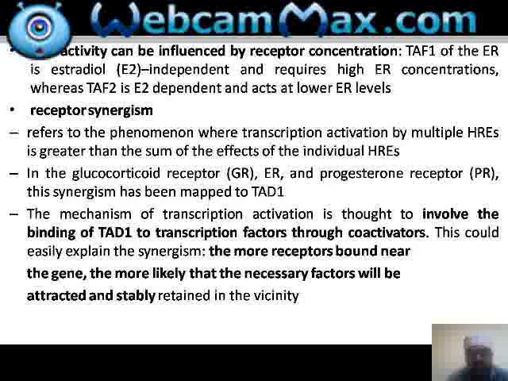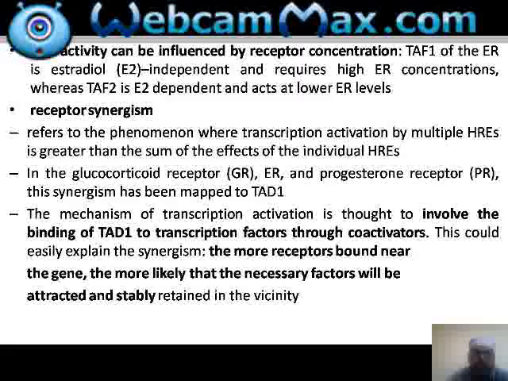That means if we have multiple HREs, and more than one HRE gets activated at a time, then the transcription factor is highly stimulated. So if many transcription factors bind to the different regions of the HRE, then we have synergism.